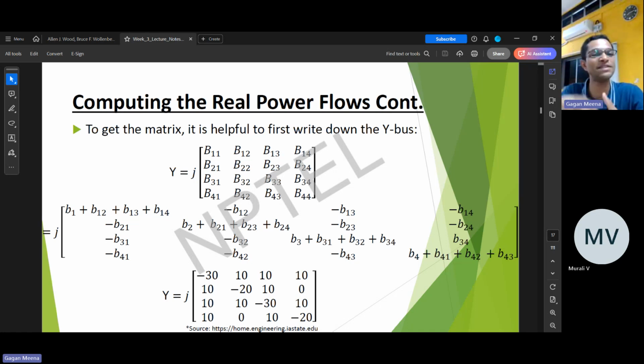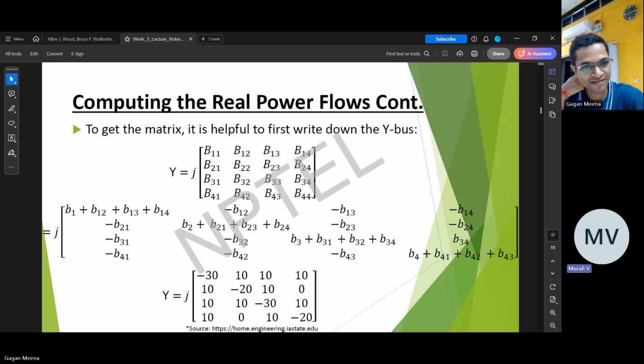Generally, students make mistakes because when we calculate Y bus, we consider the imaginary part, Jx, and then take the inverse. If the resistance is also given, it is R plus Jx, so you get the G plus JB parts, conductance and susceptance. So when you write Y bus like this, say minus 30J, the B value will be minus 30.